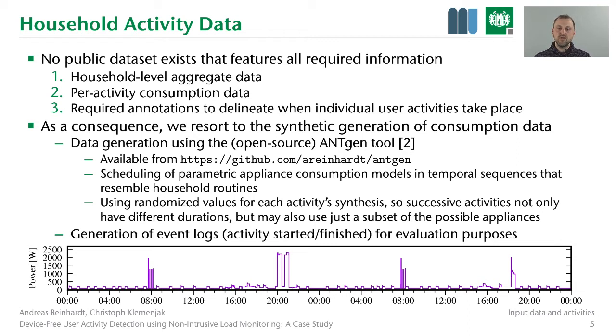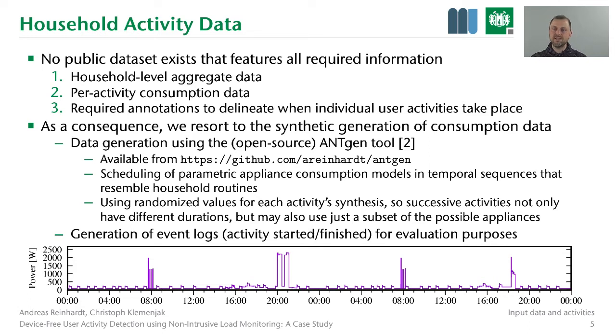We used the open source AntGen data generation framework, which can generate individual appliances data, but then aggregate them up to the very top to get the household total. We scheduled a bunch of appliances such that they resembled real-world activities to match up with actual activity cycles. And then through the use of different seed values for the random number generator, we also made sure that no two iterations of the same activity looked exactly the same.